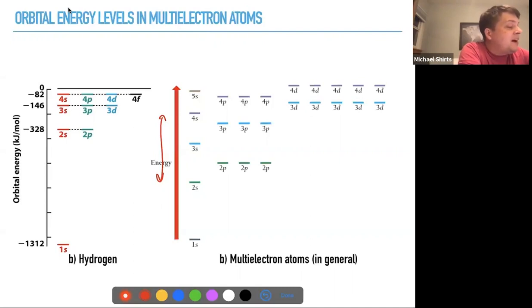Then the 4p, then the 5s, then the 4d. So it gets complicated. But the good thing is you don't really have to memorize that, because all you've got to do is look at the periodic table and it'll tell you which electrons are lower and higher in energy in the given atoms, when you add the electrons on one by one.